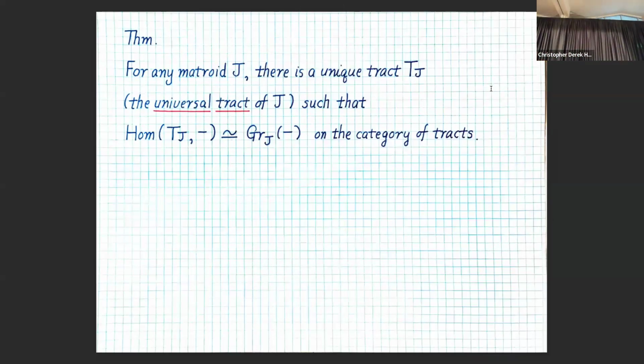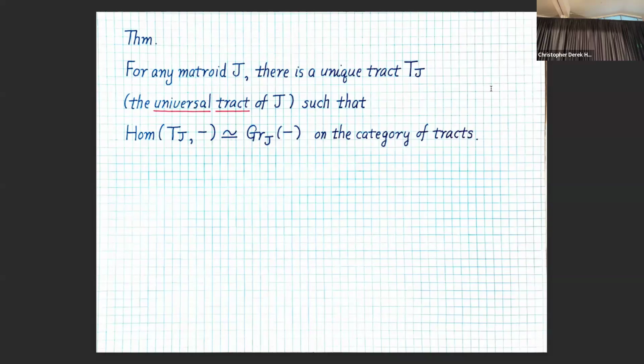And here is a theorem, a slight modification of earlier work done by my collaborators, Baker and Lorentzian, which in a sense has a topological proof like any other universal property, but provides a very useful point of view. The fact is that for any matroid J, there is a unique tract determined by J, the so-called universal tract of J, such that the tract homomorphisms from the universal tract is the same thing as points on the thin Schubert cell.